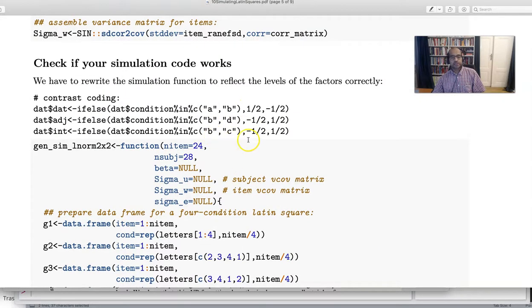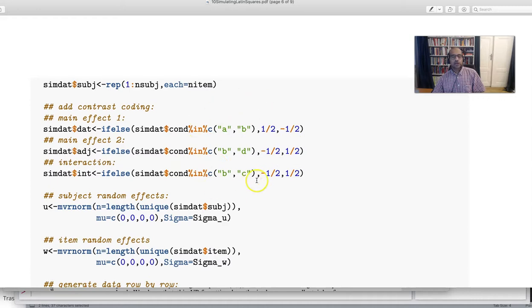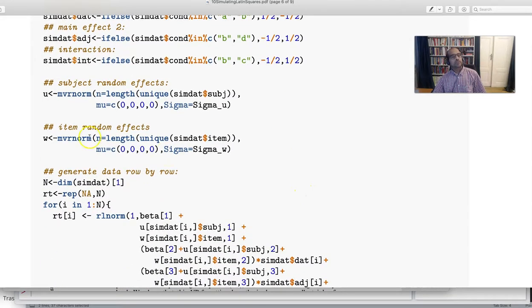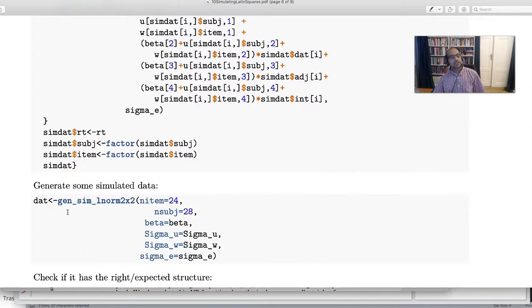So I've changed the simulation code now to reflect the Levy and Keller contrast coding. That's a very important change. If I'd used the original contrast coding, I would have messed up everything. All right, so then let's generate the random effects for the subjects and for the items. I've already explained that. Generate the simulated data and produce the simulated data frame.